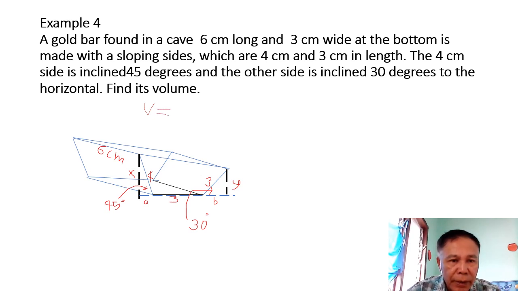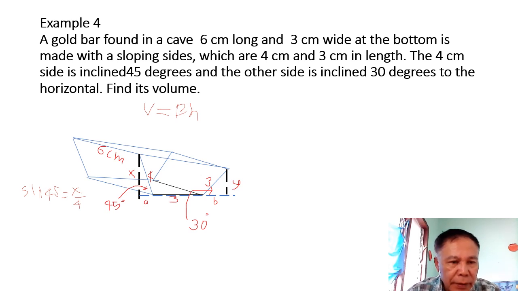So volume equals base times height. But your base, you have to solve this first. Solve first the x, the triangle 4, x and a there. So sine 45 equals x all over 4.